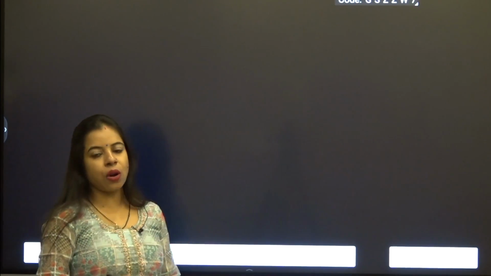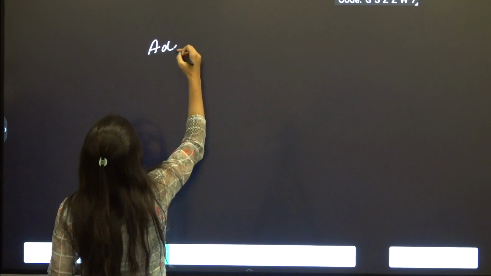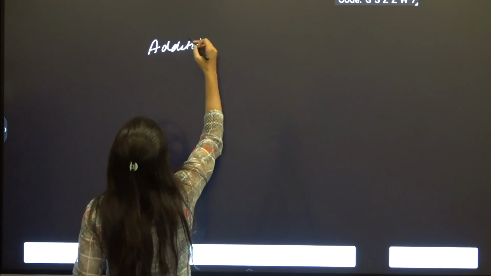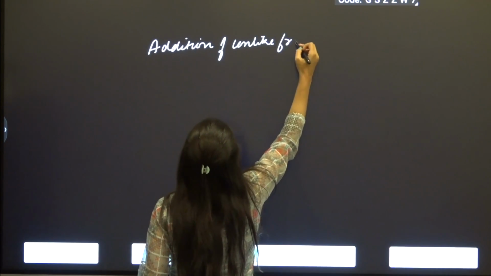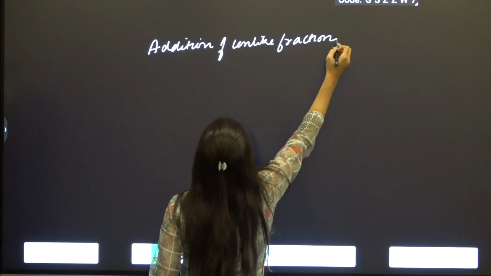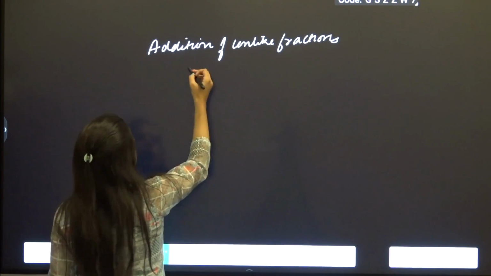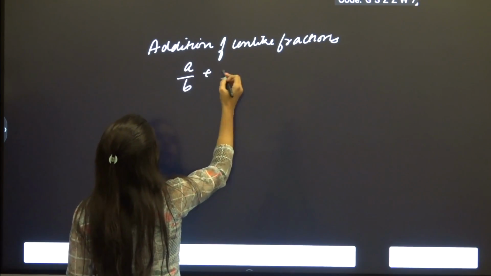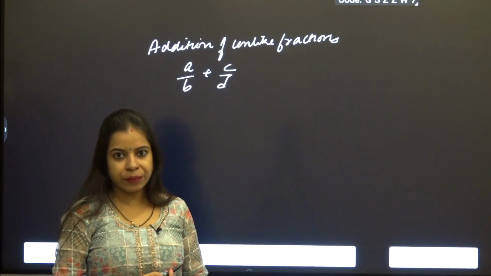Now, let us talk about the addition of unlike fractions. In the case of unlike fractions, as we know, the denominators are different. Let's say A by B plus C by D, where B and D are different.